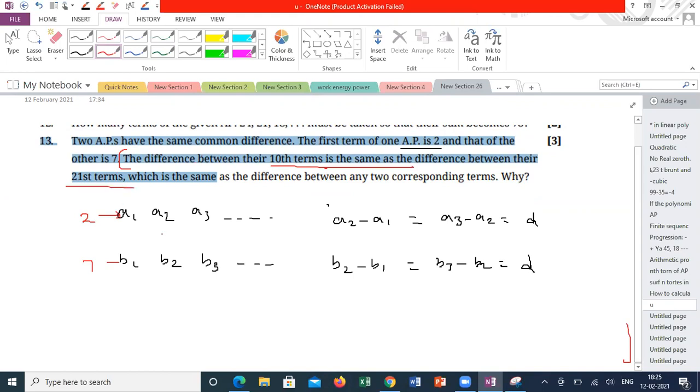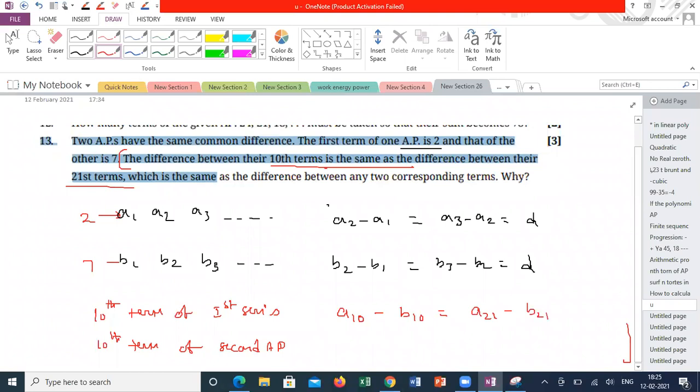That means if I take the 10th term of the first series and the 10th term of the second series, that is the second AP, then A10 minus B10 should be equal to A21 minus B21.